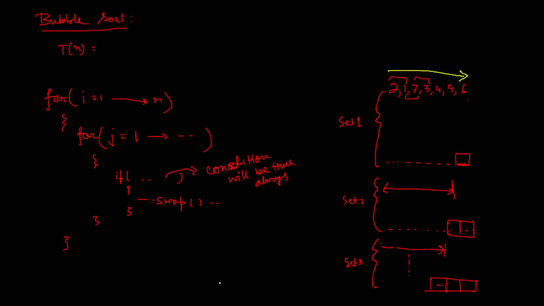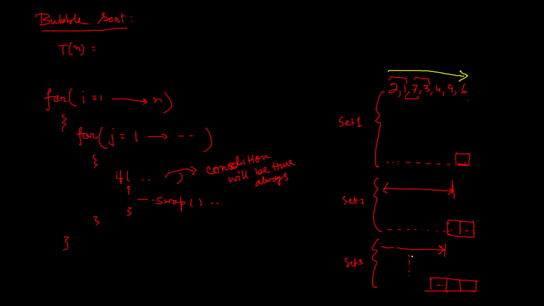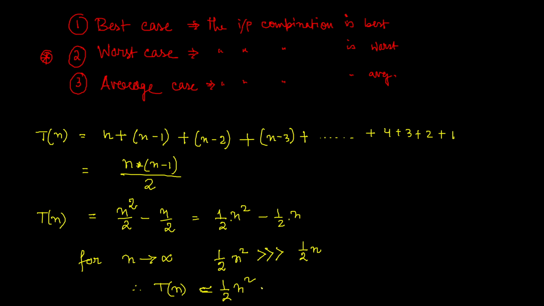We have already seen that the constant C3 doesn't have any significance for a very large value of n when it is n square. So you can say that this is equal to big O of n square. That means bubble sort complexity is big O of n square.